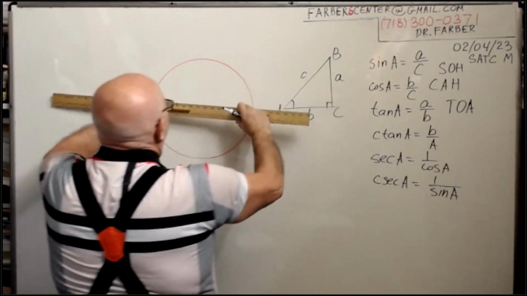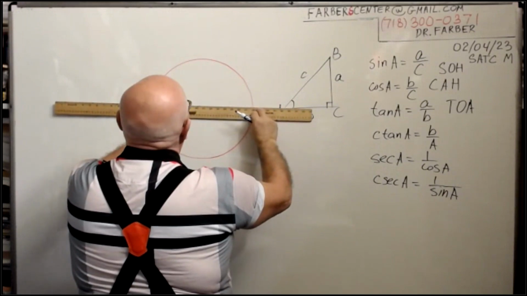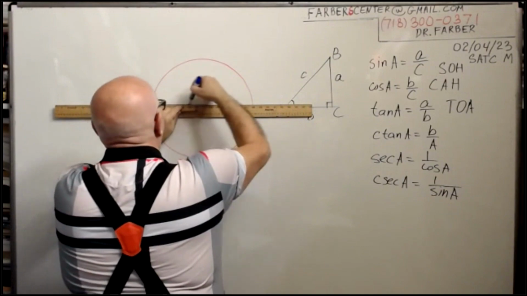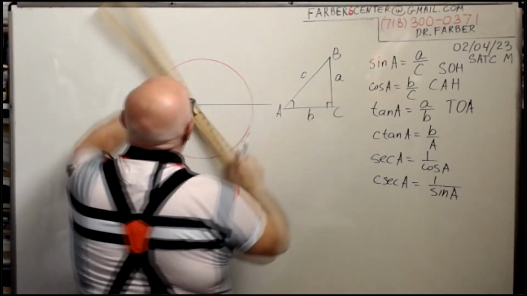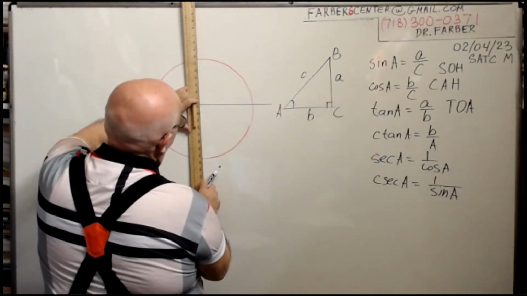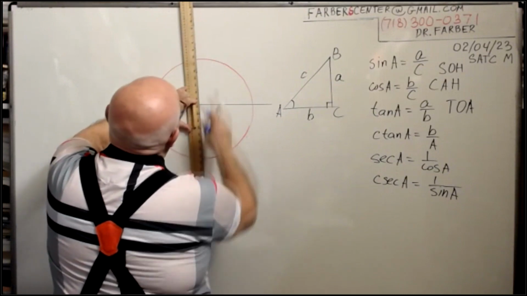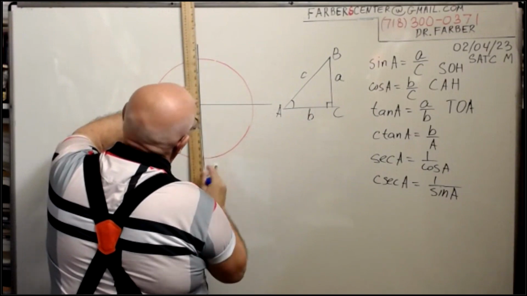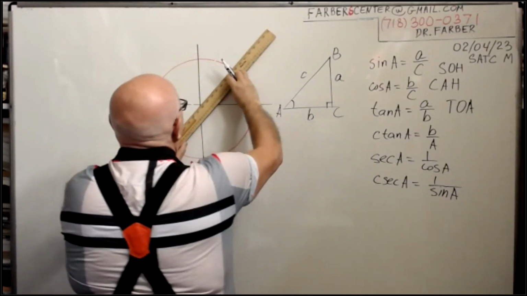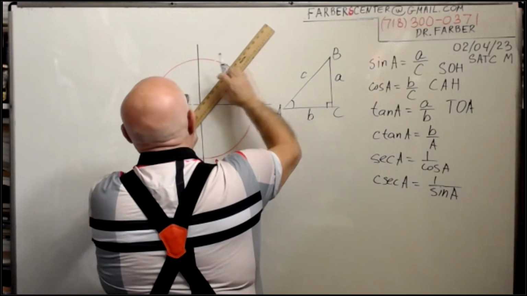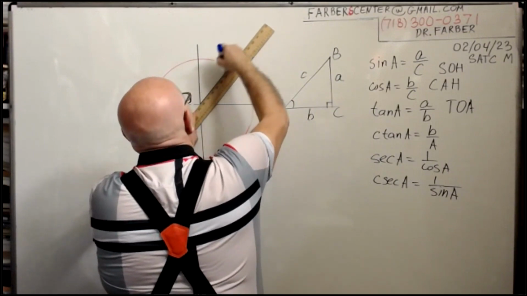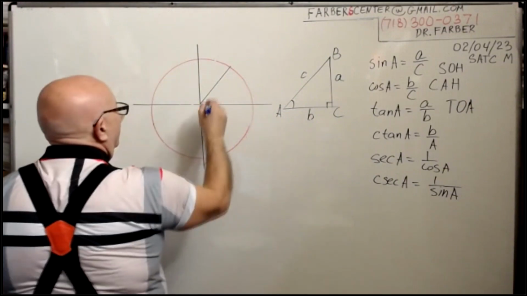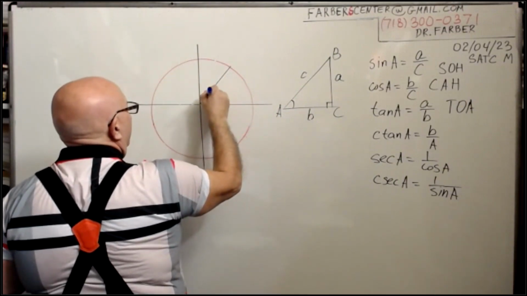That's why for the unit circle, I make through the center Cartesian coordinates, approximately, and put from this center a radius vector, and this angle, positive direction, is counterclockwise.